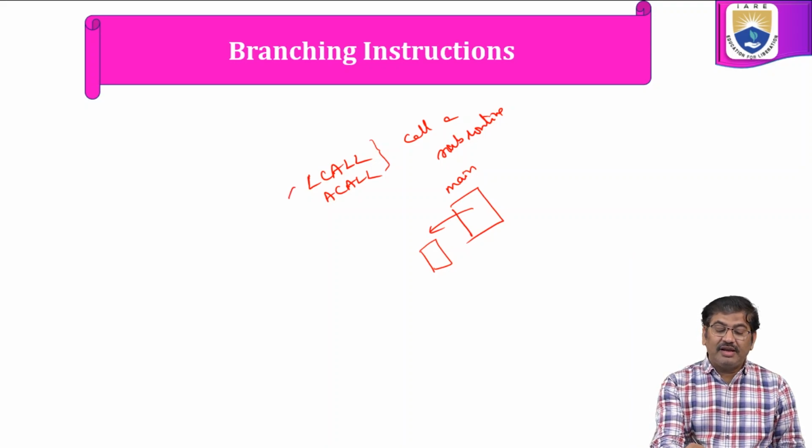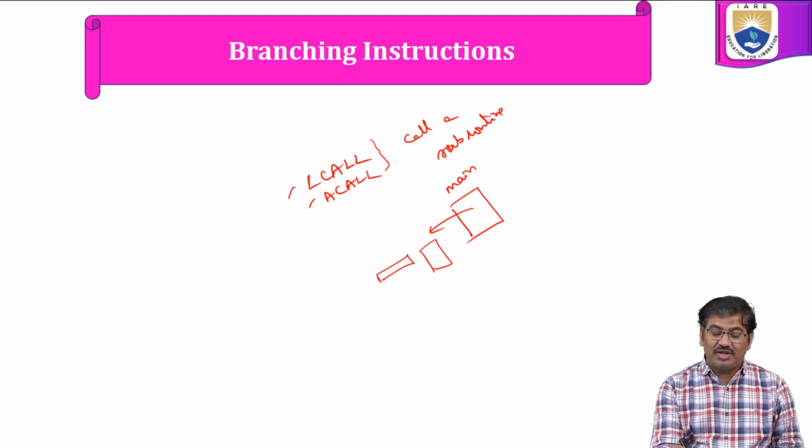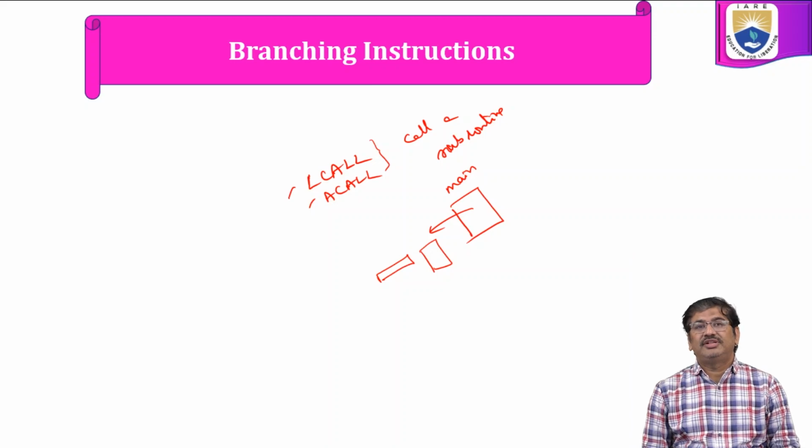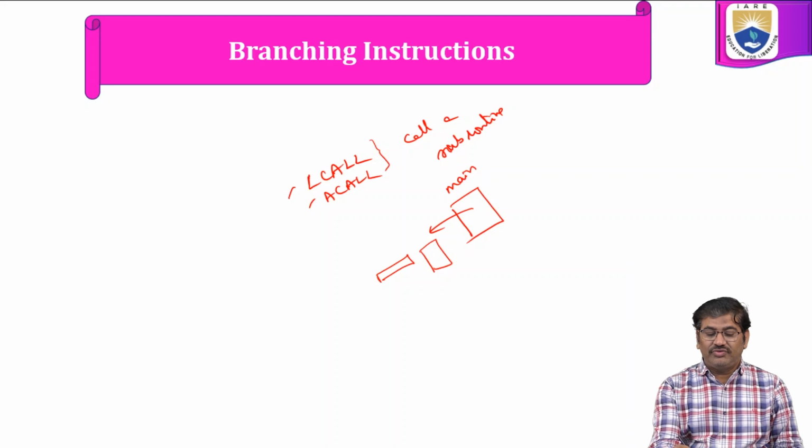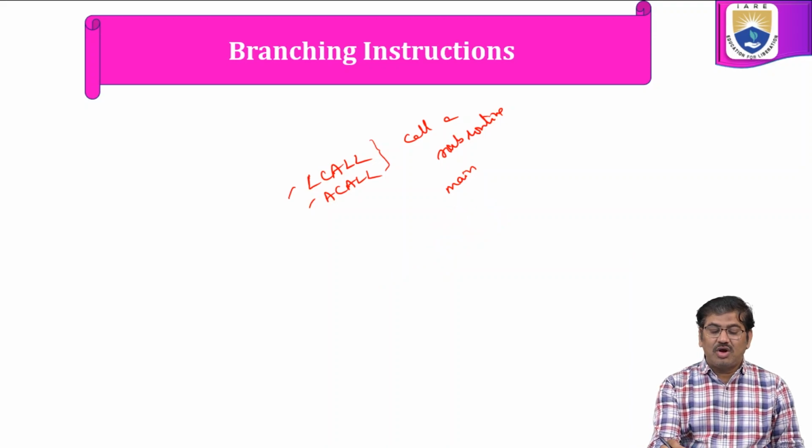The difference between LCALL and ACALL is that for the subroutine address you specify, LCALL allows a bit width of 16 bits at maximum. When it comes to ACALL, the address can vary only within 11 bits. That is the major difference between LCALL and ACALL.